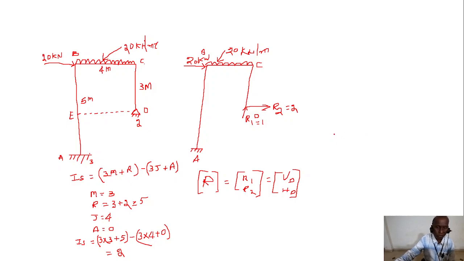Take each segment and find the moment at a distance from the origin point due to the external load and the unit loads at R1 and R2.